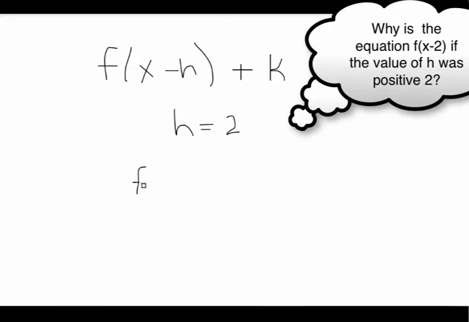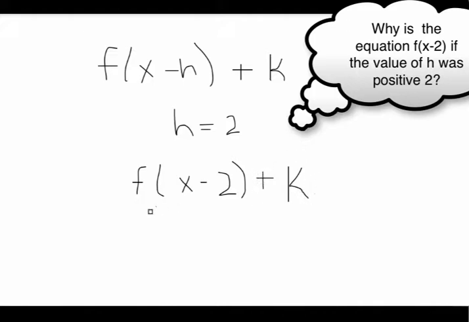I'm just substituting the value of h, plus k. Here there is no k, there is no translation up or down, so this remains 0.